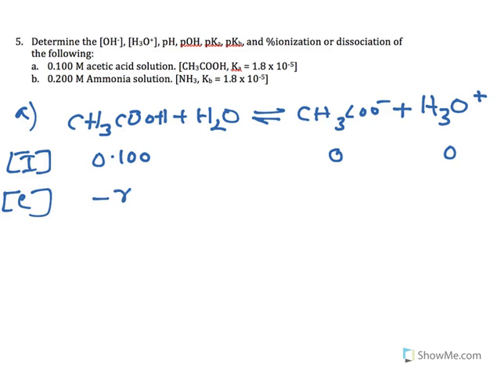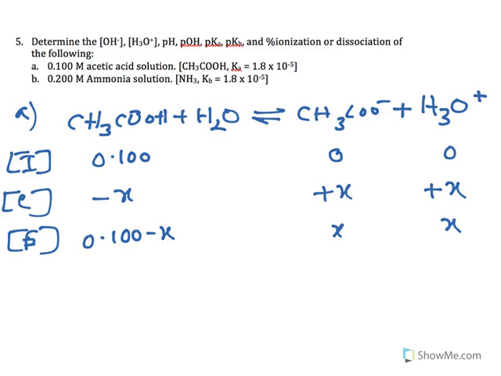So we have negative x for CH3COOH, positive x for CH3COO-, and positive x for H3O+. Similarly, for equilibrium, we're going to get 0.100 minus x for CH3COOH. We have x for CH3COO-, and we have x for H3O+ or H+ ion concentration as well.